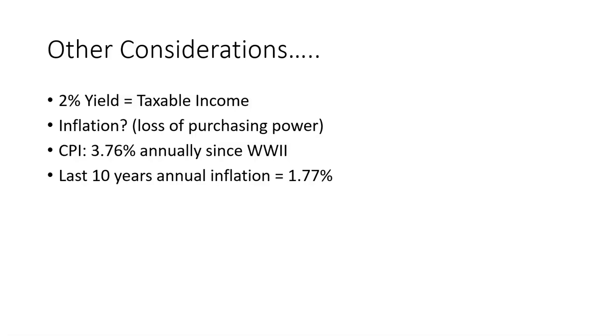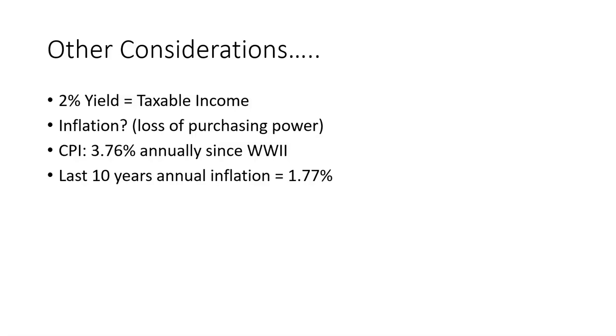Now, over the last 10 years, the annual inflation, so says the government, has only been 1.77%. So over the last 10 years, it hasn't been as bad. But still, your dollar is losing purchasing power over the last 10 years at a rate of 1.77% per year. So if you're making a 2% taxable yield, whatever your tax rate is, you have to deduct that from the 2%, and then you end up with your net spendable money.